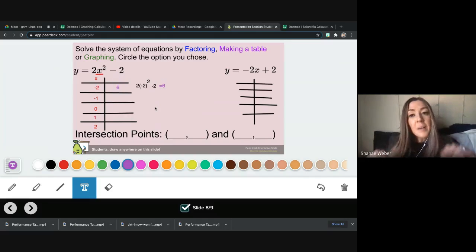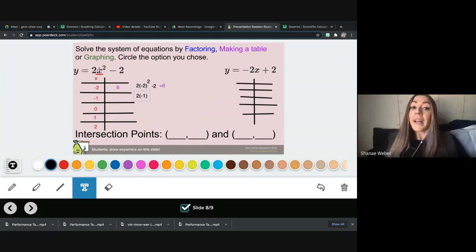Now we're going to do the same thing for -1, but instead of rewriting it out again, you can. It's just going to look very similar. The only thing that's going to change is we're going to change that -2 to a -1 because we're plugging in -1 for this x now. 2 times -1 squared -2.